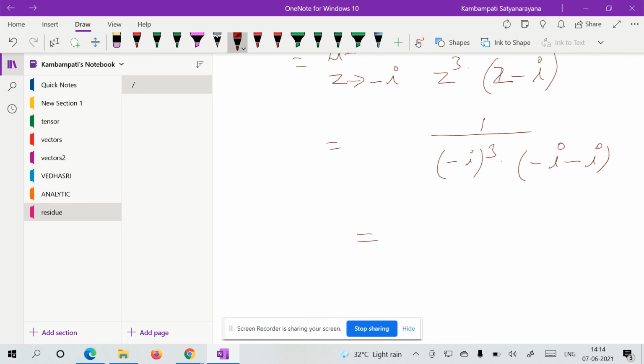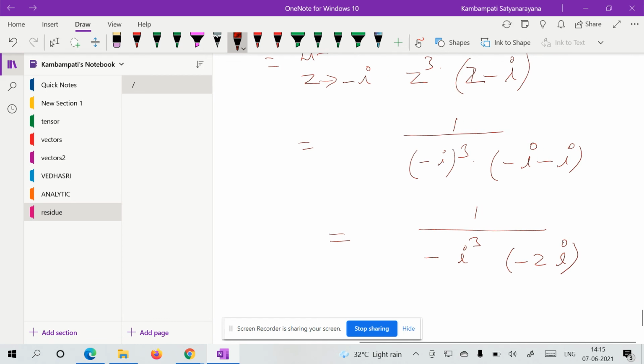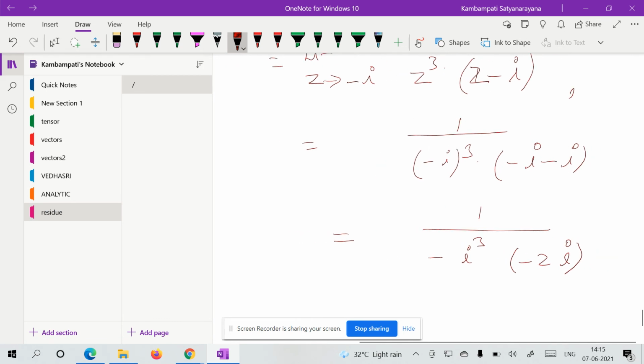So separately I am going to write 1 by minus of (i cube) into minus 2i. We know that i square value is minus 1.